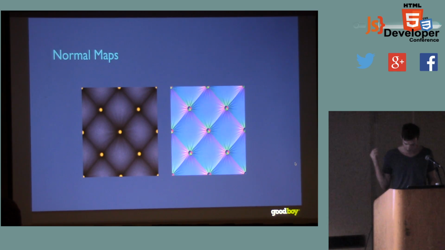A normal map stores the spatial direction of every pixel. A spatial direction is basically an X, Y, Z coordinate, and conveniently in an image you've got your RGB. So you just map the X, Y, Z to RGB, and then you end up with a really rainbowy looking texture.